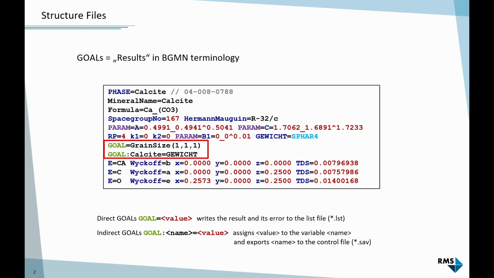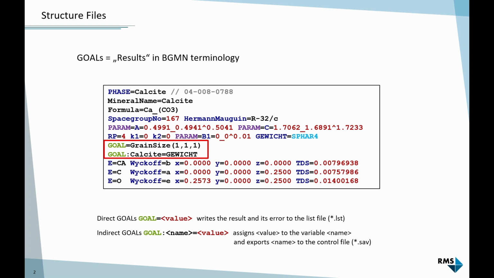Now, goal colon, so the indirect goal, is a bit different. It declares a new global variable. So what we are doing in this line, goal colon calcite equals Gewicht, we define a new variable called calcite, and we assign it the value Gewicht. And by adding the goal colon prefix, we make this value of calcite, so this variable, available globally.